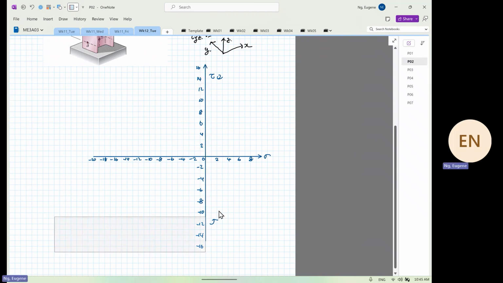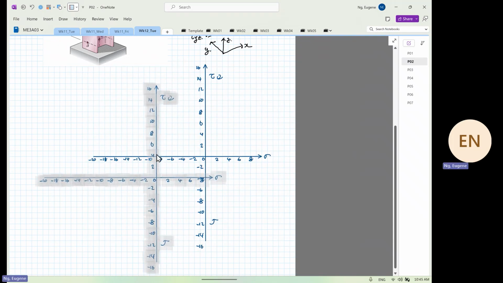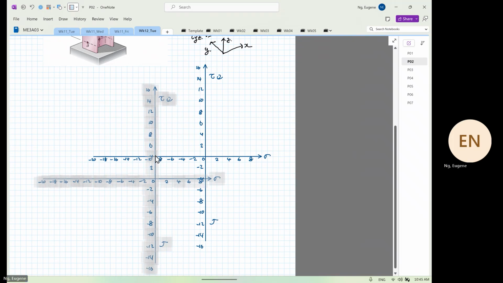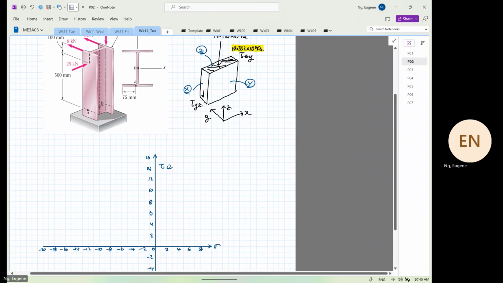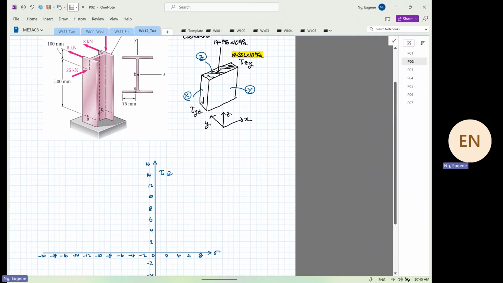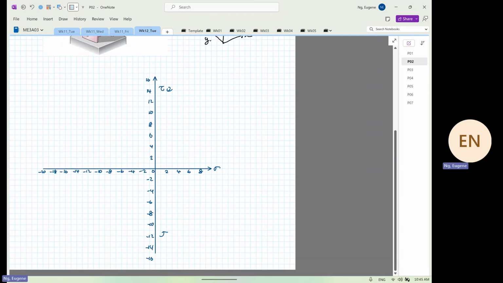I'm going to shift it here. So we know that we have a, gee, I got shear until 20.